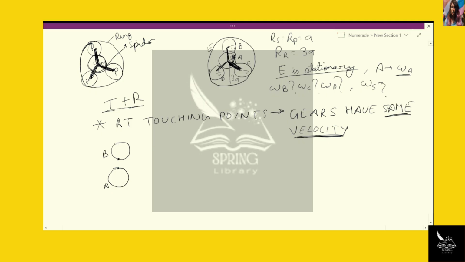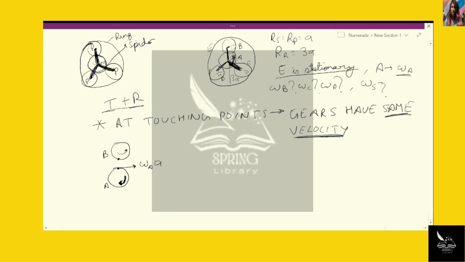So for the disk A, the velocity at point A, if it's rotating in this direction, which is clockwise, then this is going to be omega A times the radius a. And then for B, let us assume the angular velocity is omega B, and we can imagine that if A is rotating clockwise, this has to rotate counterclockwise.